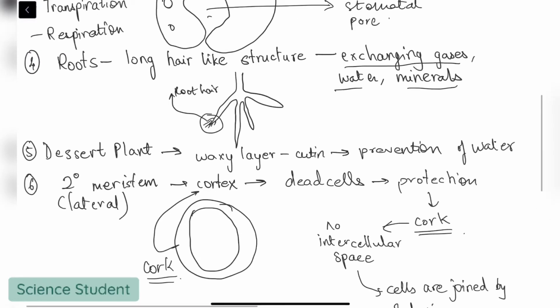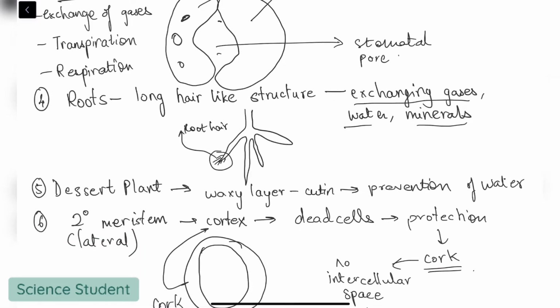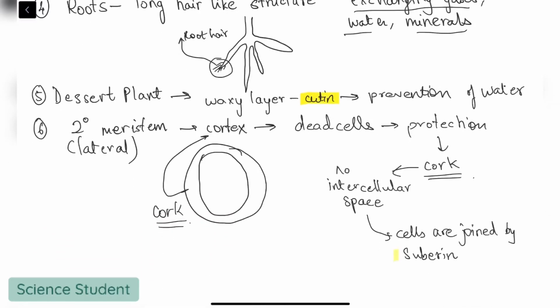So two main substances we learned: cutin and suberin. Cutin is a waxy layer which helps in prevention of water loss, and suberin is a strong material which joins the cells of the cork.